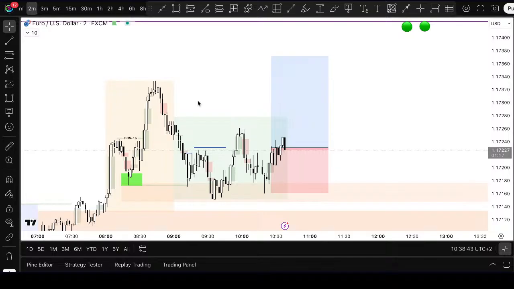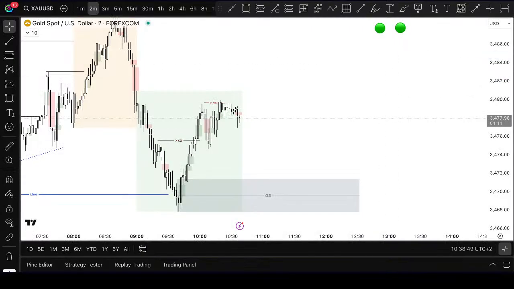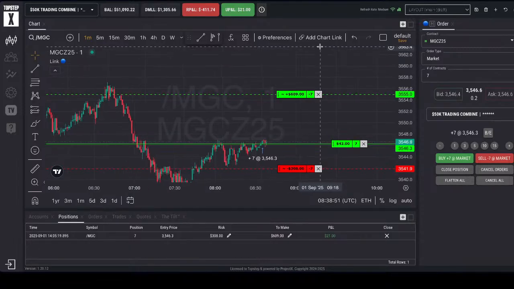Yes, we have set our target for it. Let's see what is going to happen in gold. Yeah, that's it.